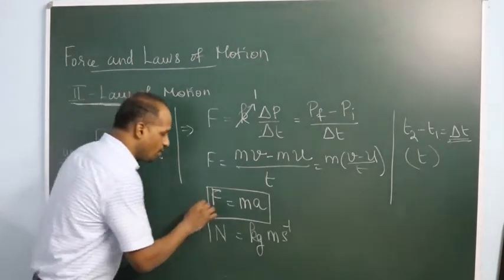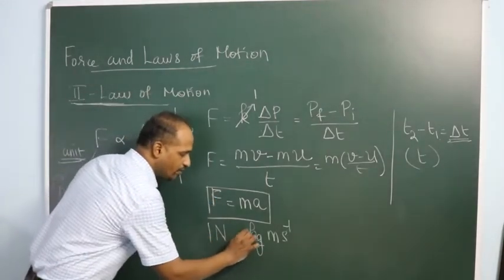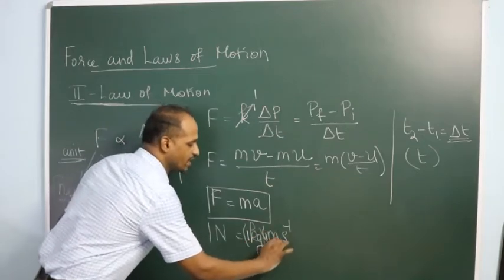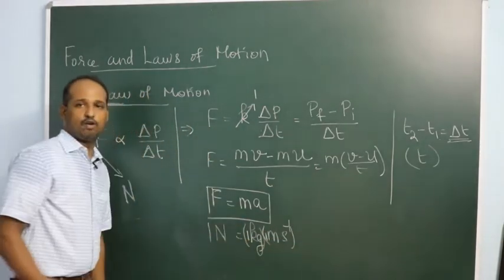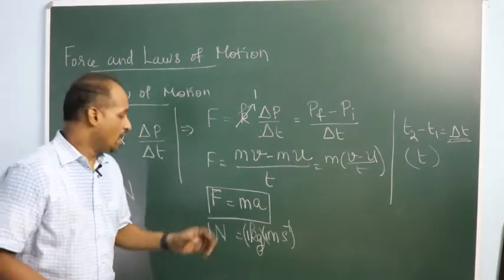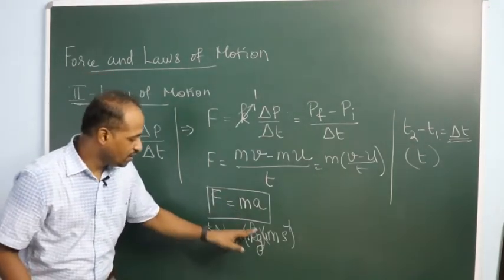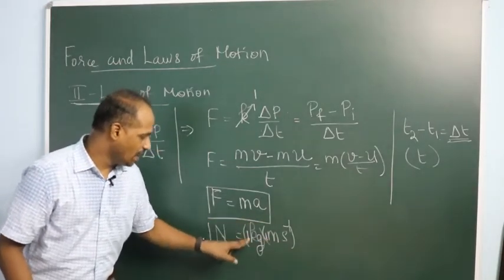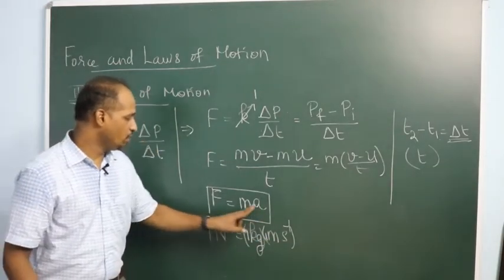Force is 1 newton if the force is producing 1 meter per second square acceleration on 1 kilogram of mass. If someone asks you what is 1 newton force, it is a force that produces 1 meter per second square acceleration on 1 kilogram of mass, because when acceleration is 1 and mass is 1, force is 1 into 1, which is 1.